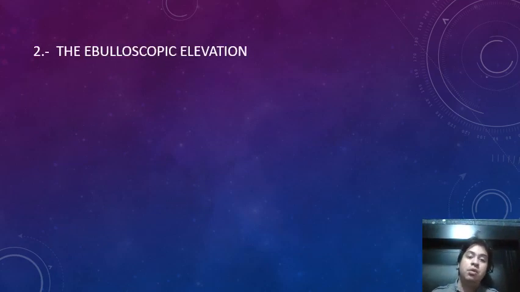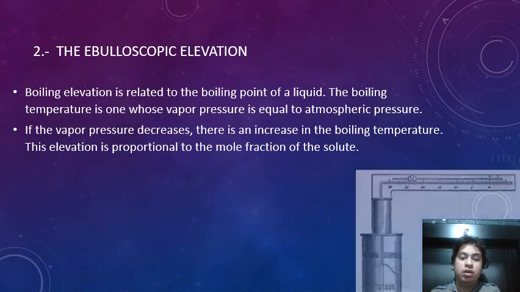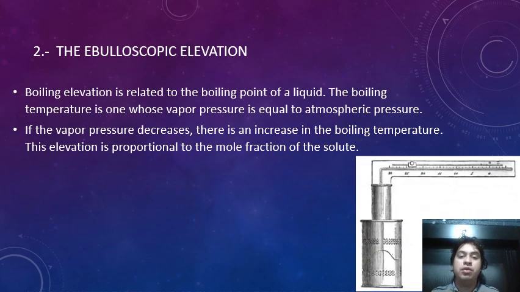Okay, with number two we have the ebullioscopic elevation, the name also being the boiling temperature of a liquid. The boiling temperature of a liquid is that at which its vapor pressure equals atmospheric pressure.